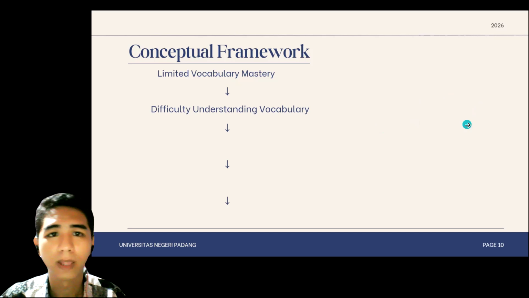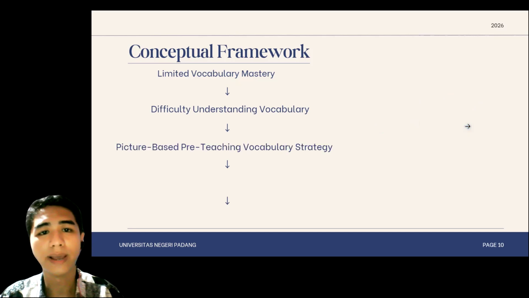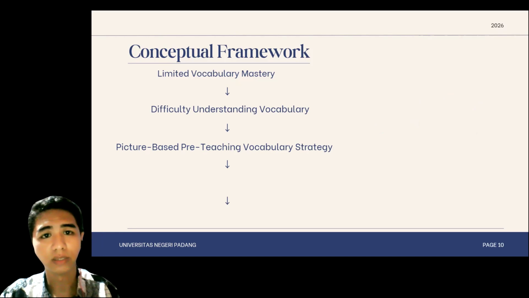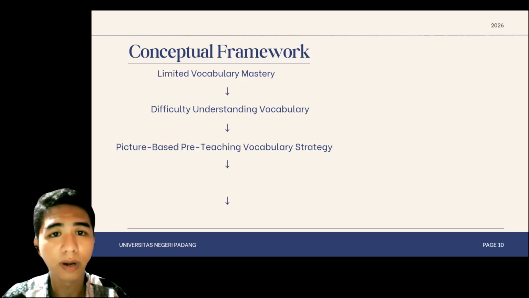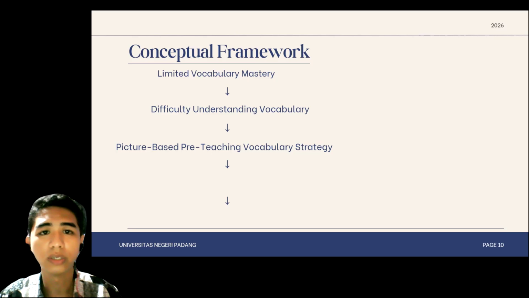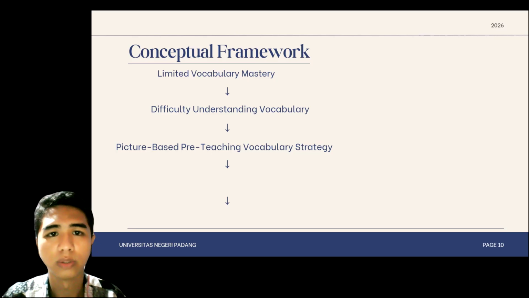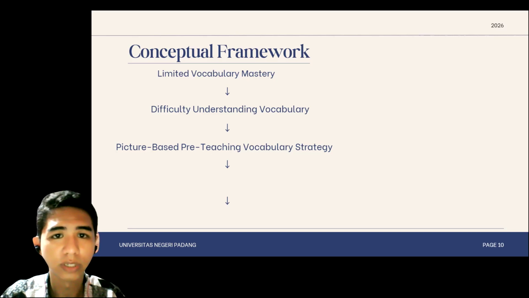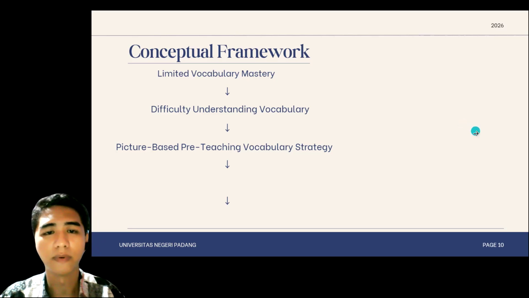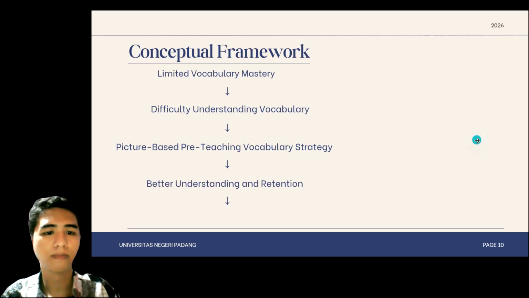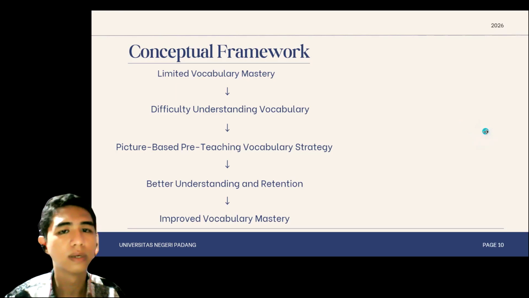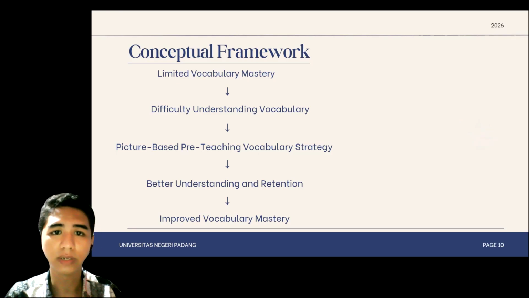That's why I want to show you a strategy, the picture-based pre-teaching vocabulary strategy, which introduces the main, important vocabulary first by showing pictures, and then teaches them the vocabulary with pronunciation and examples before we begin the lessons, for better understanding and retention. With all this, I hope it can improve vocabulary mastery.